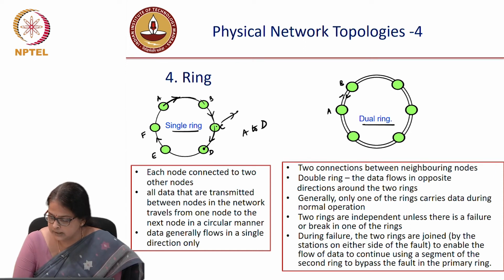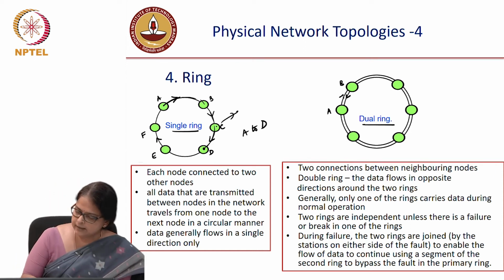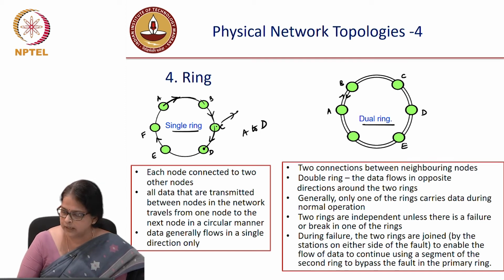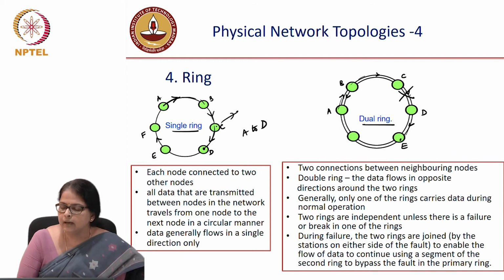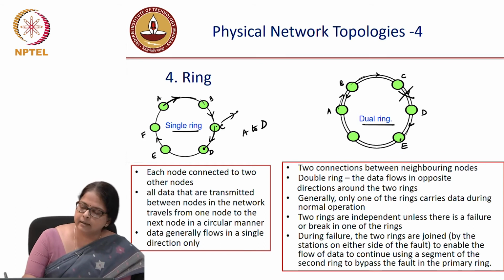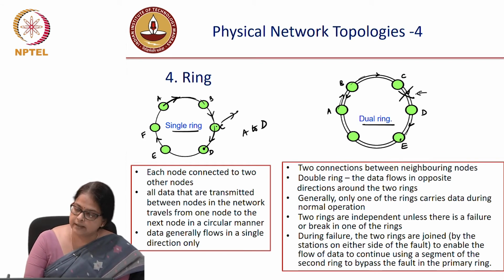So the advantage is that if there is a failure, let's say you want to transmit data from A to E, you will have to go through all the nodes through this network fiber to reach E. Now, when there is a failure, for example, in this part of the network, the node C has already identified that there is a failure.